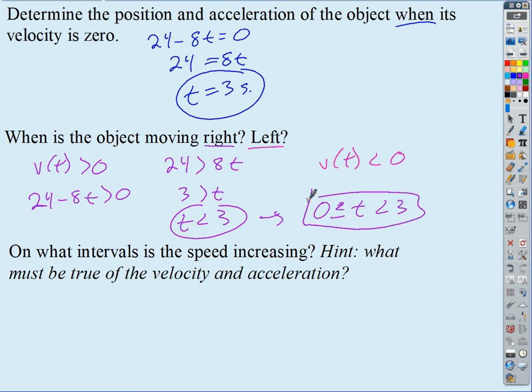Okay, on what intervals is the speed increasing? What about that one? That's a little tricky. Now, is speed the same as velocity? Okay, what would we say speed was?